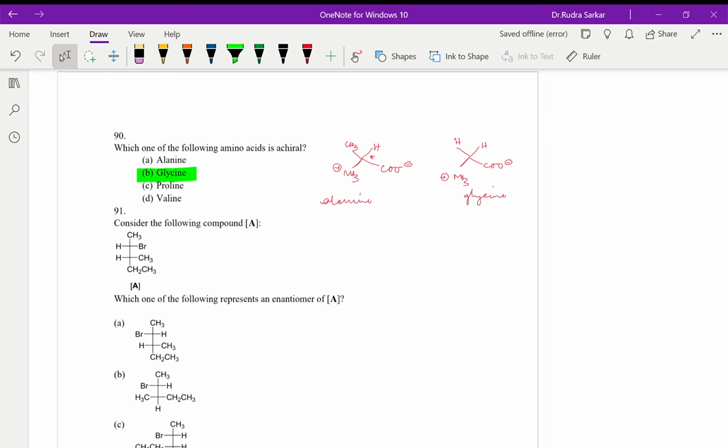Next, consider the following compound A. Which one of the following represent an enantiomer of A?